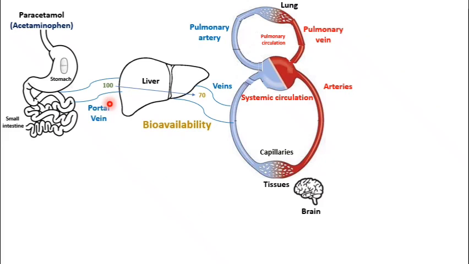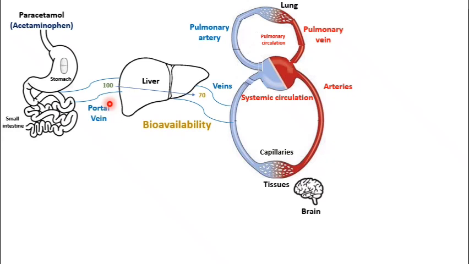But there is something important we should know. This bioavailable fraction of the drug is present in the systemic circulation. So it would be pumped by the heart again to every tissue in the body, including the liver. So this 70% would reach the liver again, and they would get broken down and metabolized again.